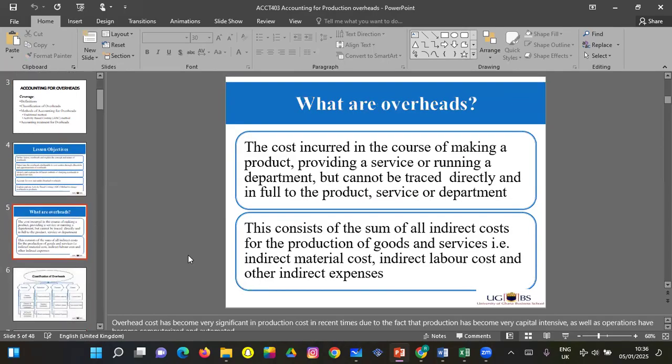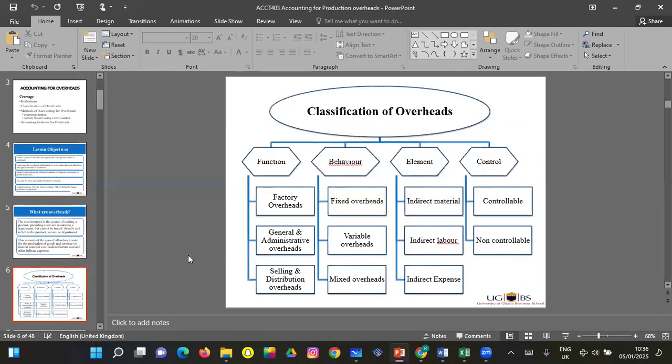So what are overheads? As I mentioned earlier in the intro, overhead is basically the summation of all indirect costs for the production of goods and services. That is indirect material cost, indirect labor cost, and indirect expenses. So this is the classification of overhead. We classify overhead by function, behavior, element, and control.